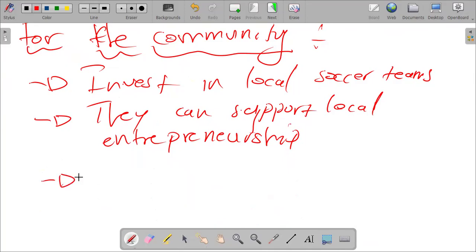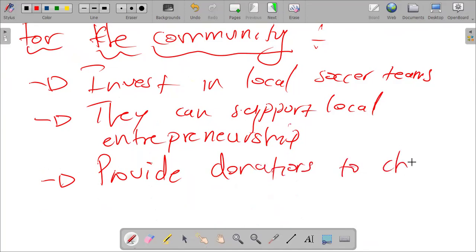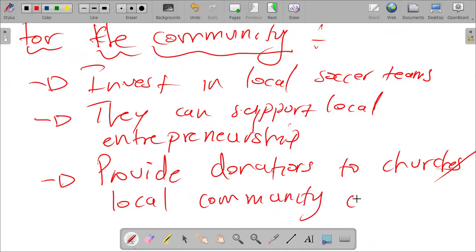And then thirdly, or rather lastly, what they mostly do is they will provide donations to churches or local community centers.